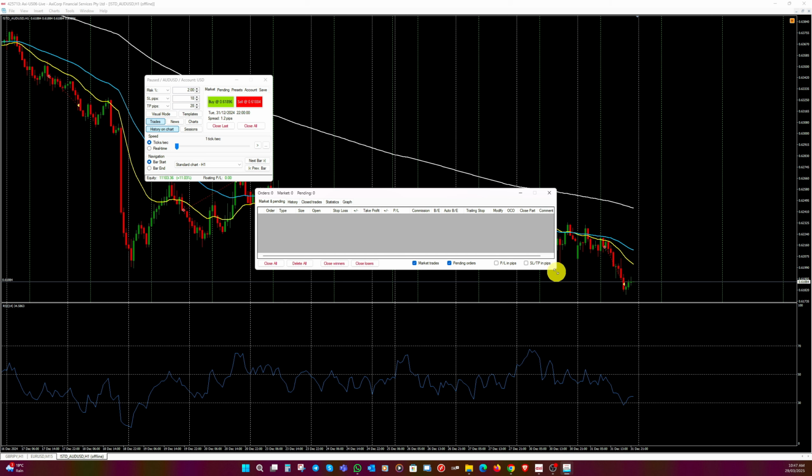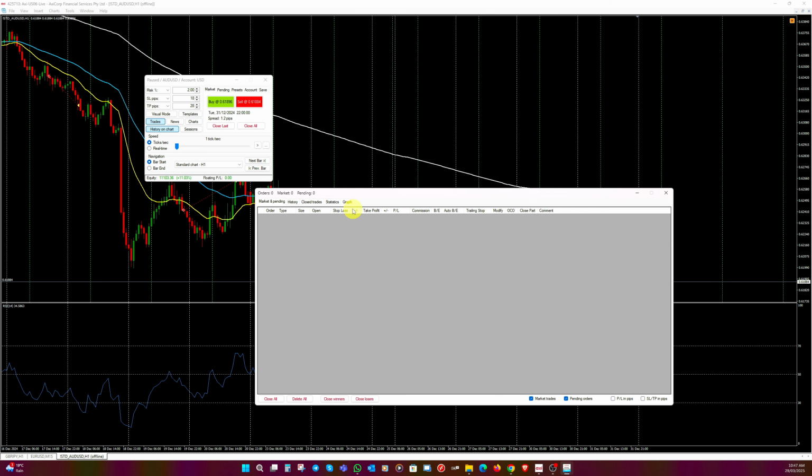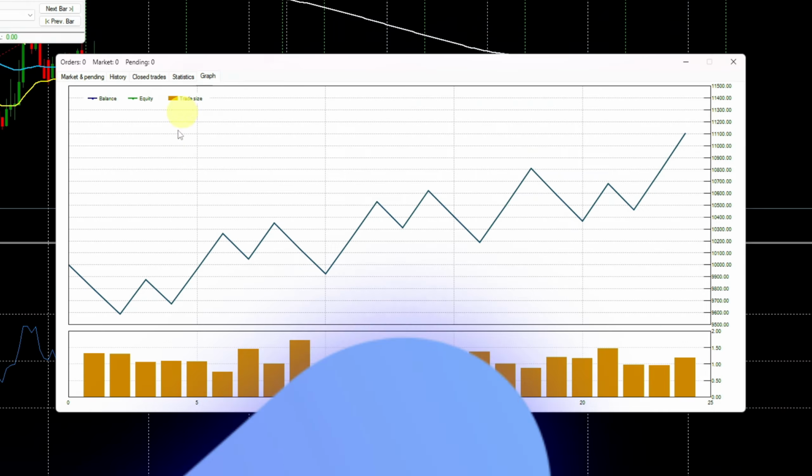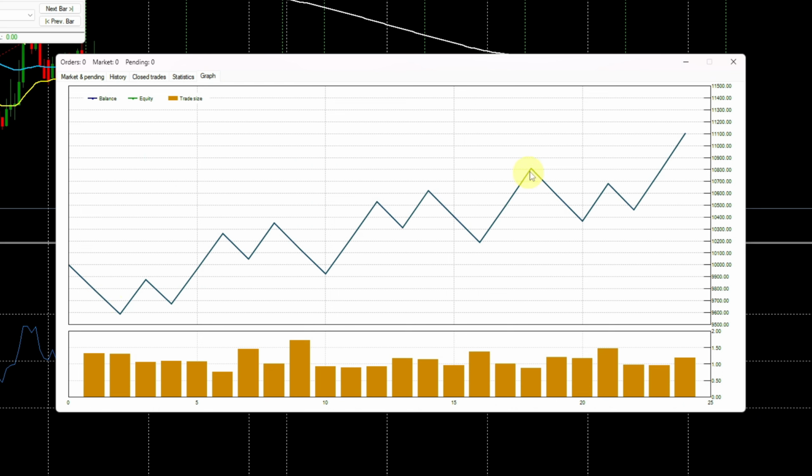But let's have a look at the stats. We'll see how many trades it took and what our chart looks like. So we can see here that we were going on a gradual uptrend, which is good. However, there were too many losing trades. We had 2 consecutive losses, 2 consecutive wins, 2 consecutive losses, 2 consecutive wins, 2 consecutive losses, and 1 win, 1 loss, and then another 2 consecutive wins.